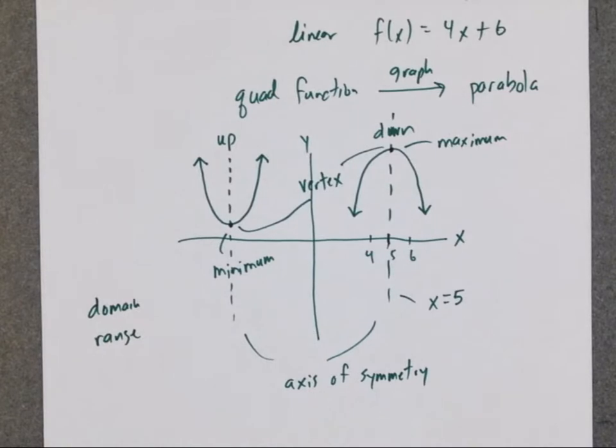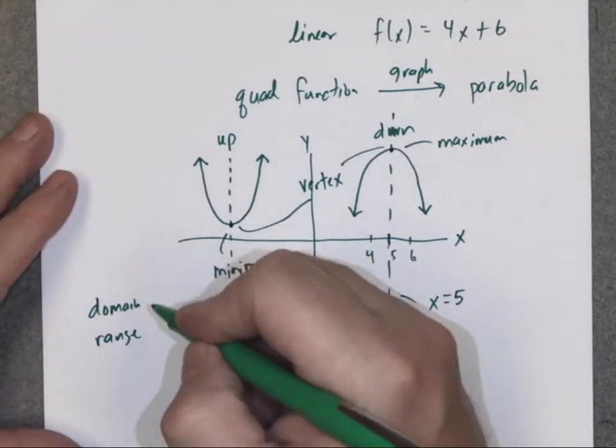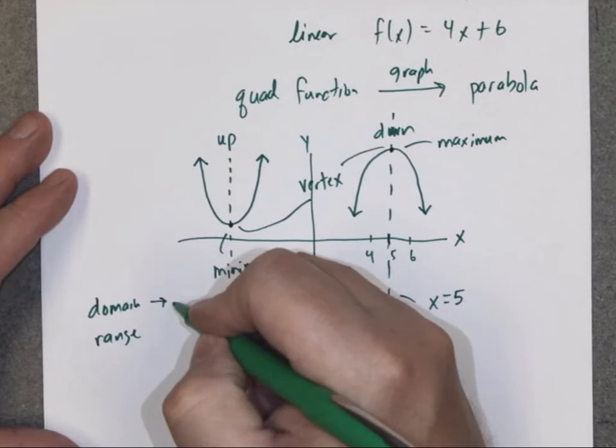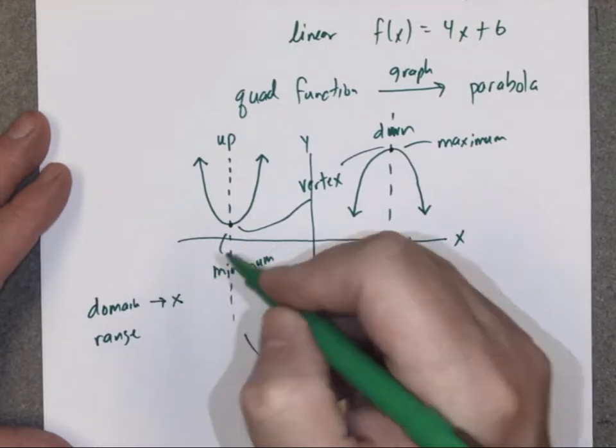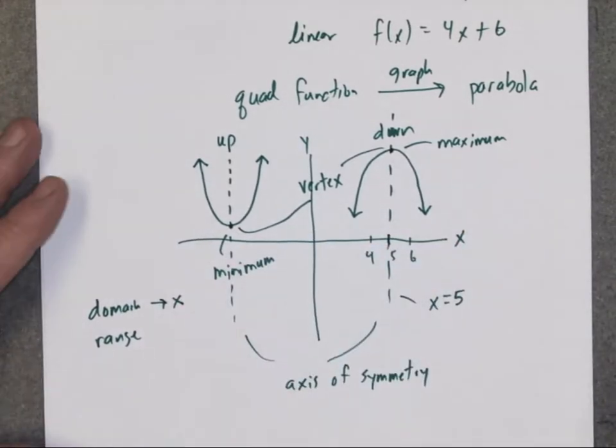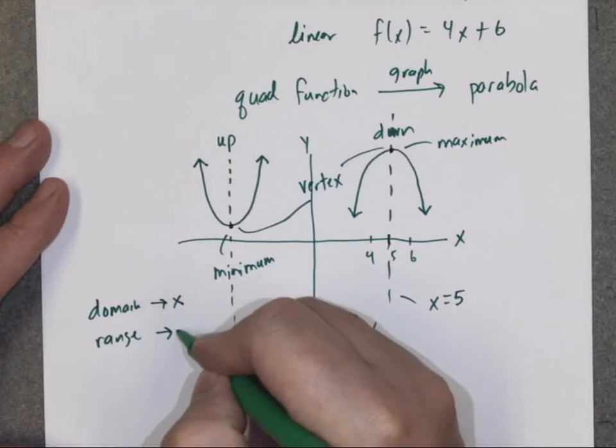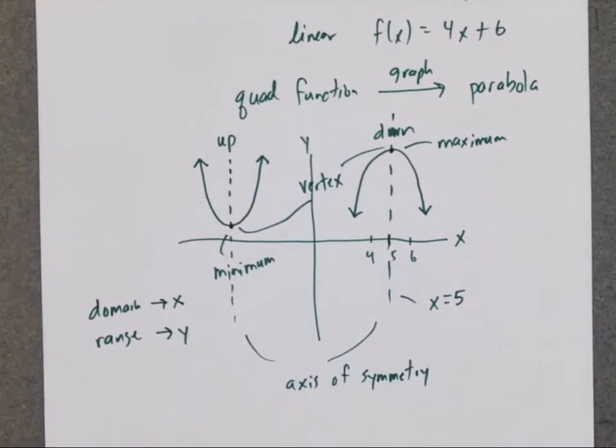Now when you have a graph, it's very easy to determine the domain and range. Hopefully you remember now, when we talk about the domain, we're talking about all the possible values of x, and when we talk about the range, the values of y. What do we mean by all the possible values of x?